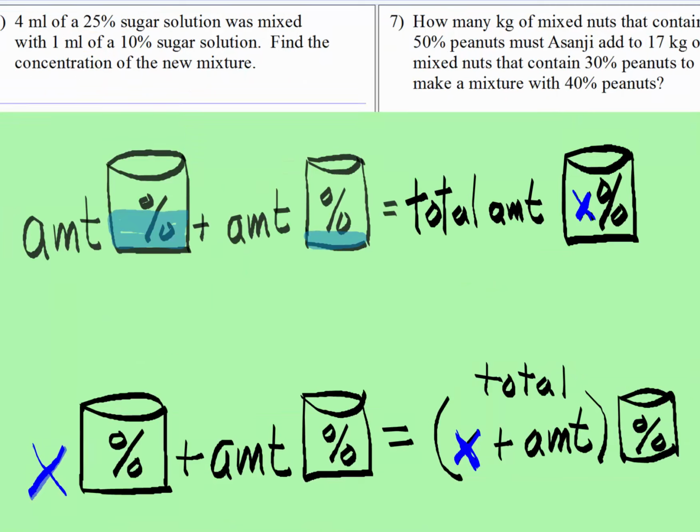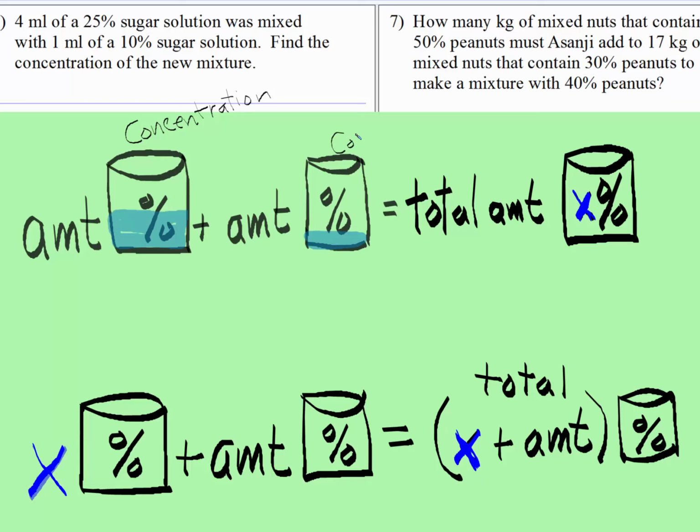All right, the final type of problem is mixture problems. And here's kind of a better diagram than I was doing last week. So here's the basic setup. When you are a chemist or you work in the soils industry or something, you have to mix concentrations. So the percents that you see are the concentrations of things, whether it's mixed nuts or concentration of soils, or in this case, sugar solution.